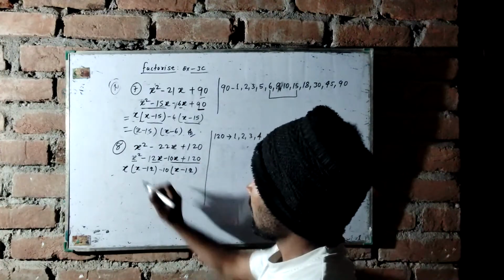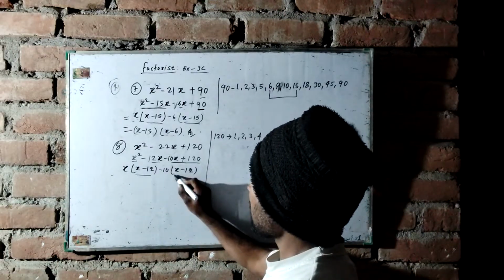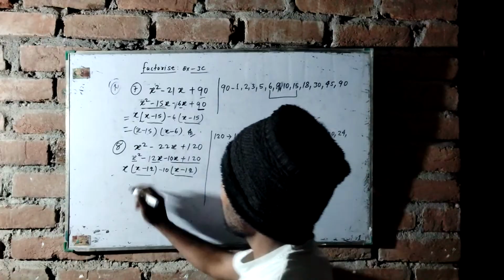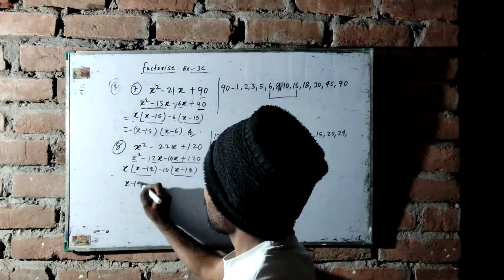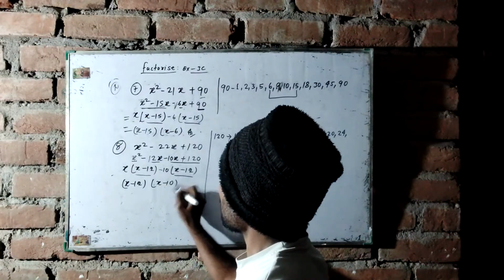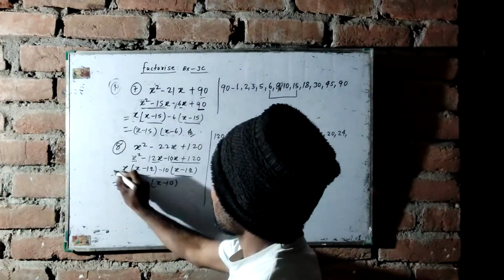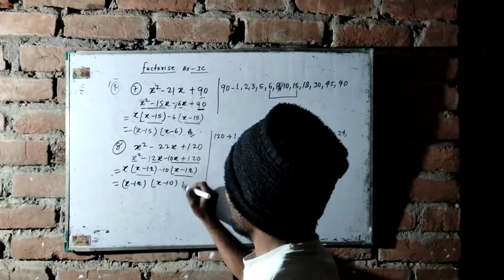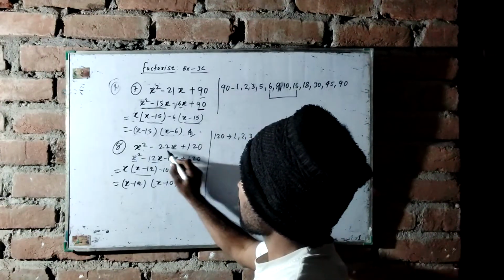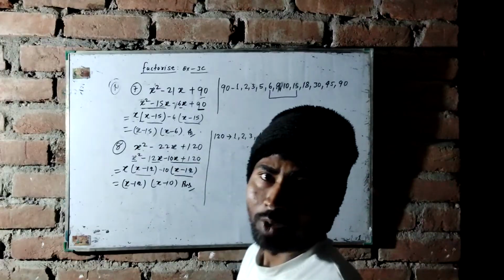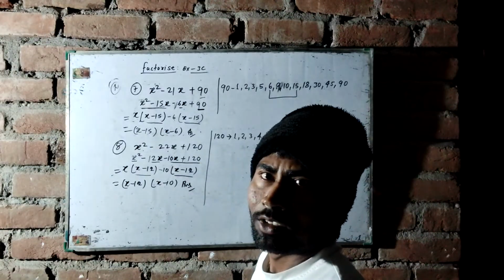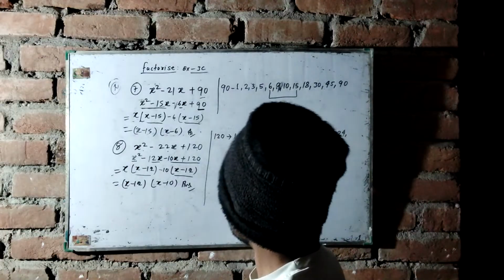Now we can see x minus 12 and x minus 12 are present in both terms, so we can take x minus 12 as a common and we can write x minus 10 as a multiple. So this is the required factors of the polynomial x squared minus 22x plus 120. Now let's go ahead to the next question.